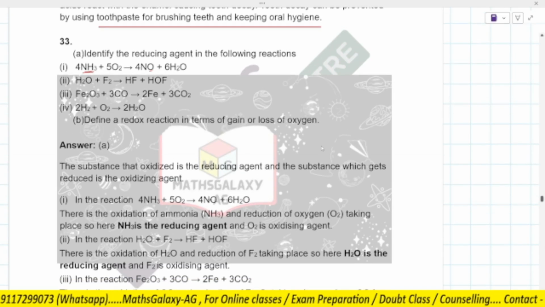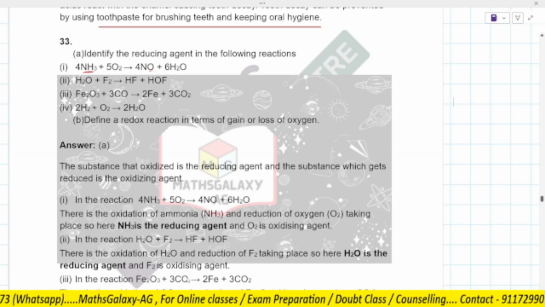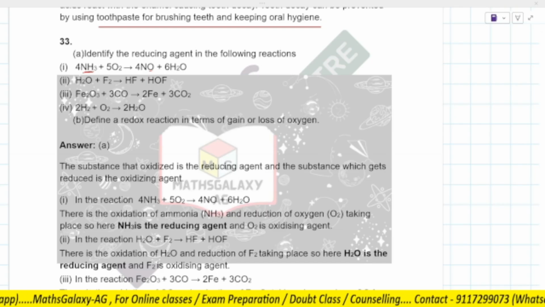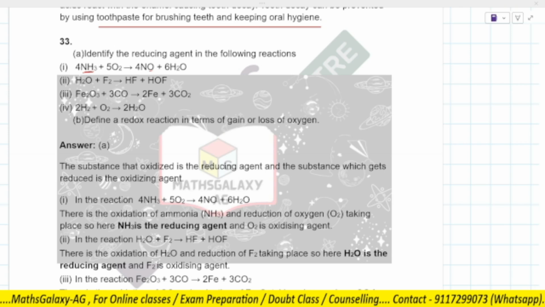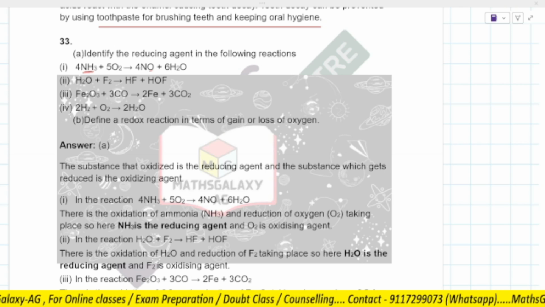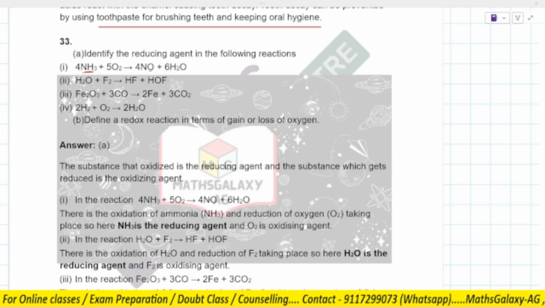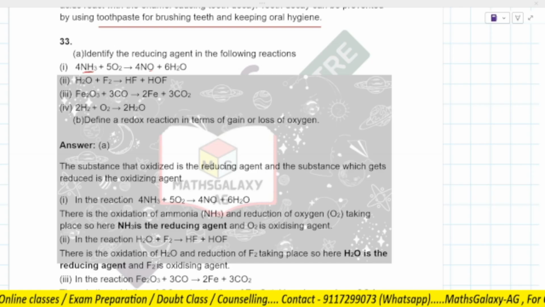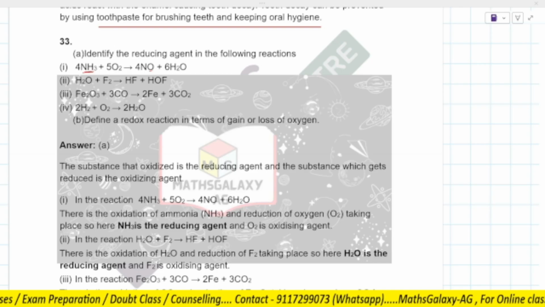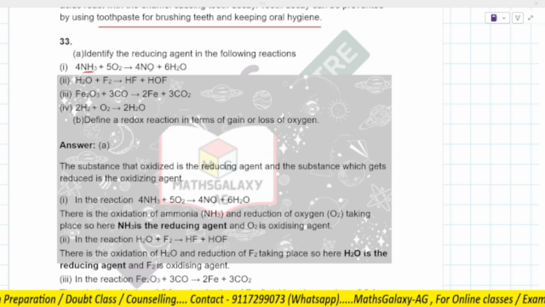So in the reaction 4NH3 plus 5O2 gives 4NO plus 6H2O, there is an oxidation of ammonia, NH3, and reduction of oxygen, O2, taking place.